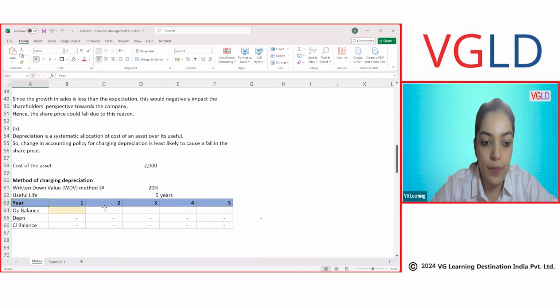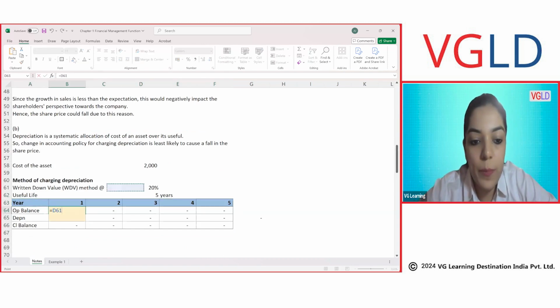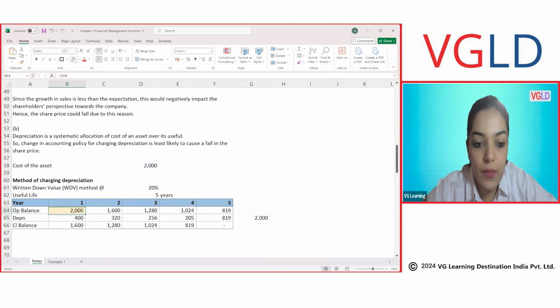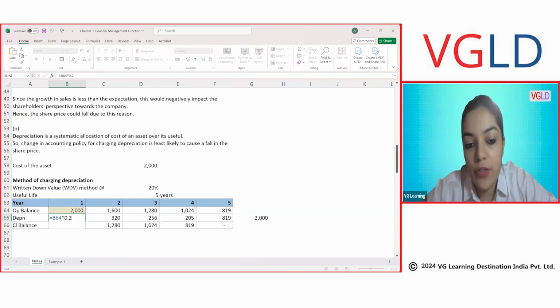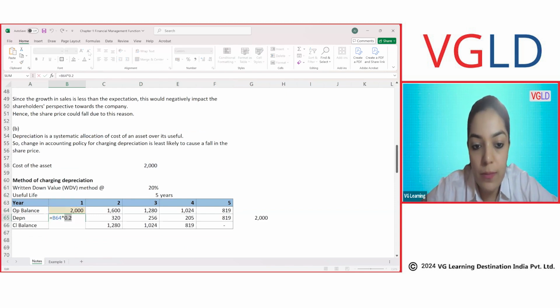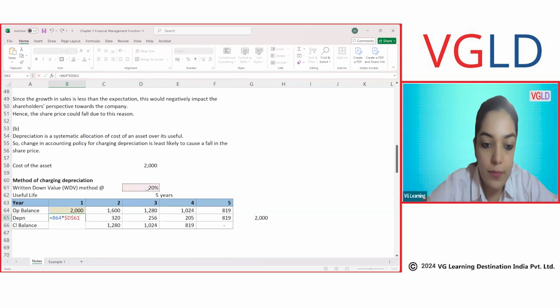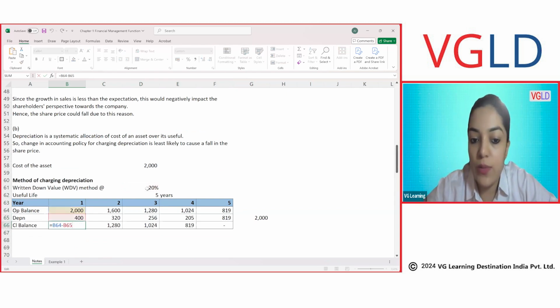Okay. So opening balance is 2000. This is the cost of the asset for year one. How much depreciation will be charged? 2000 into 20%. 1600 is the closing balance. And this 1600 becomes the opening balance.